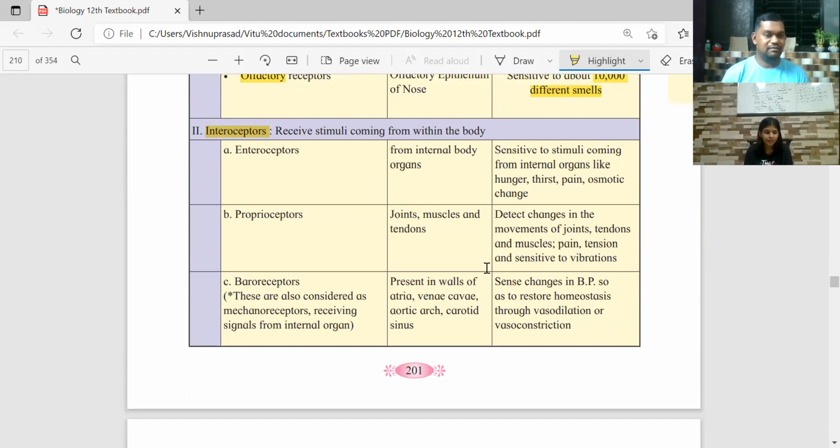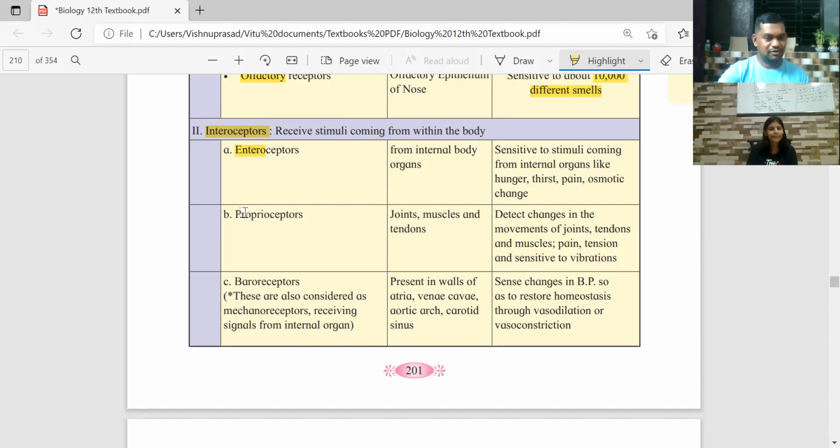There are three. First is enteroreceptors, from all the internal body organs. If you feel hungry, thirsty, or get a pain from inside, anything abnormal in the body, that is enteroreceptors.